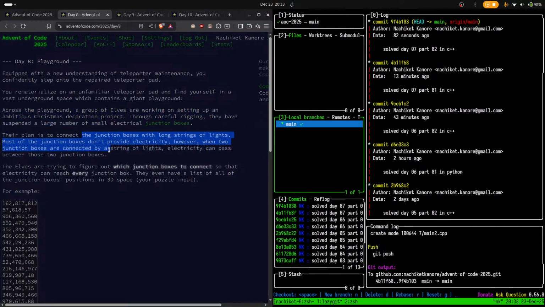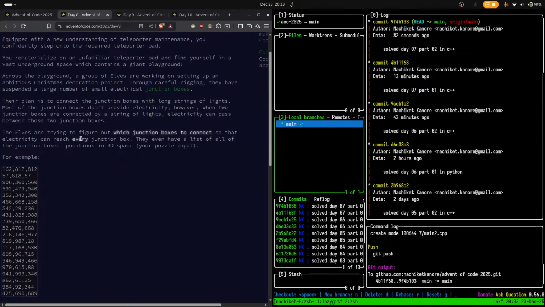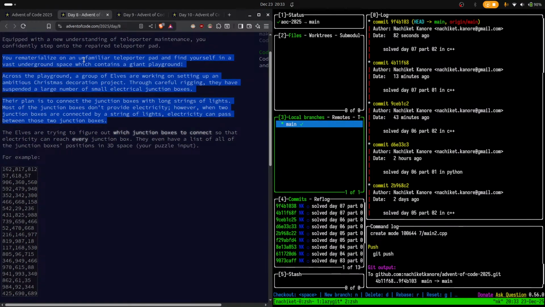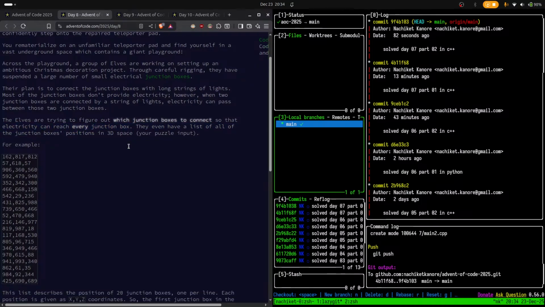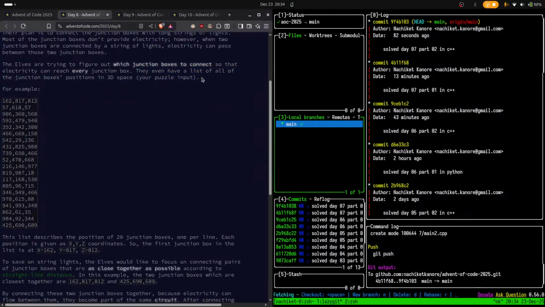They plan to connect the junction boxes to electricity. By a string of lights, electricity can pass between two junction boxes. The elves are trying to figure out which junction boxes to connect so that electricity can reach every junction. They even have a list of all of them in 3D space.